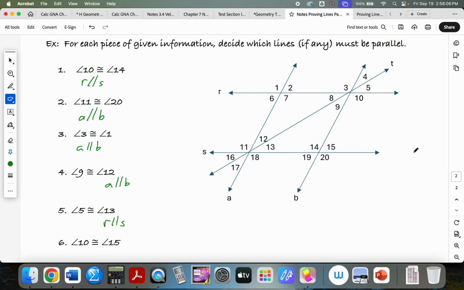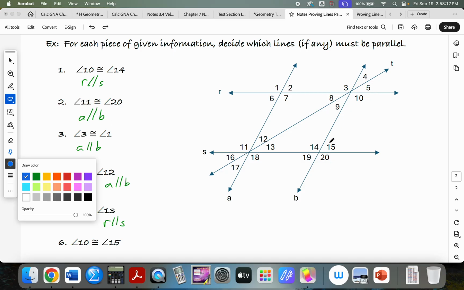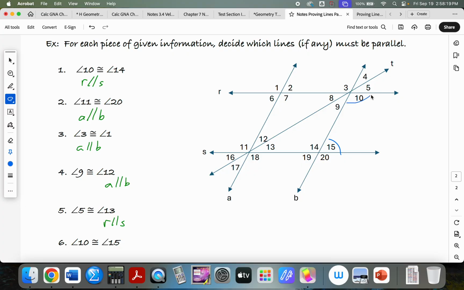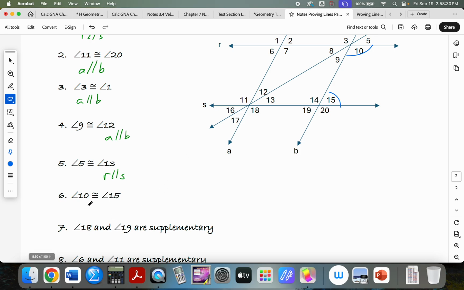All right, how about this next one? 10 and 15 are congruent to each other. 10's here, and 15 is down here. What kind of angles are those? Same side interior. Is congruent the right relationship for those? No. So the answer to this is none. It says which lines, if any, must be parallel.